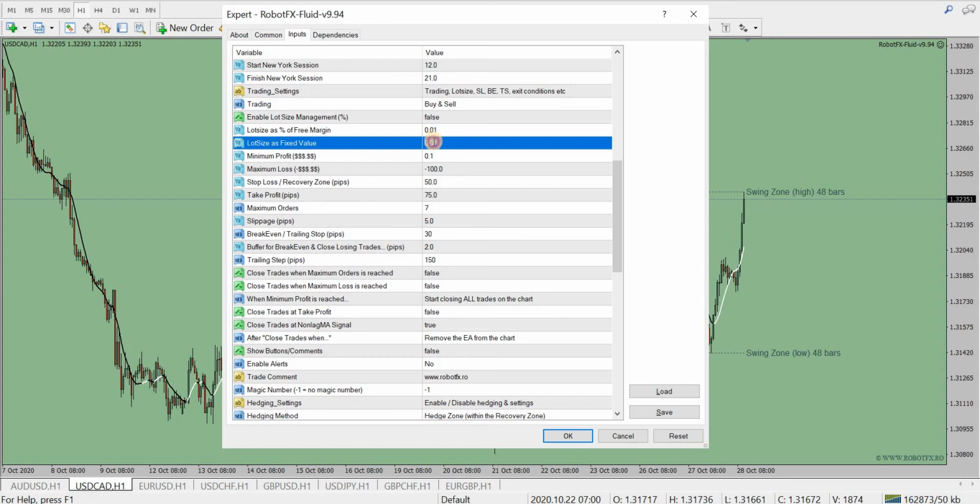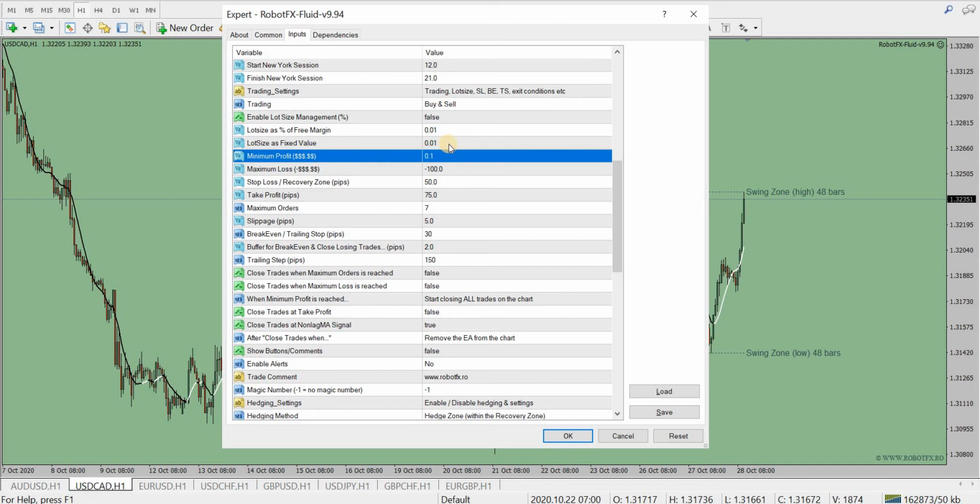The lot size is important, but again, I cannot advise much about it because it depends a lot on the trader's risk appetite and, I don't know, gambling style, let's say. Sometimes it's a gamble.